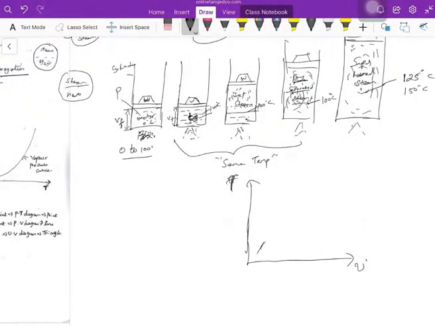The water is converted here. The temperature of the water is increasing. This is sensible heating. Sensible heating means the temperature of the water is increasing. Then the latent heat. Latent heat means the water temperature is the same, but the phase change happens.